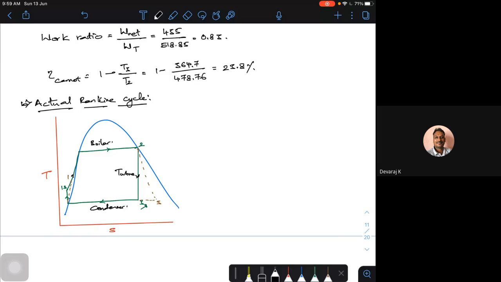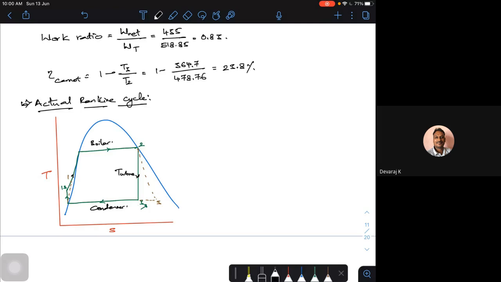The same thing we can show on the HS diagram also. Only thing is we'll be getting the enthalpies, and maybe we can put it on the Mollier chart also. Now let's look at the enthalpies.